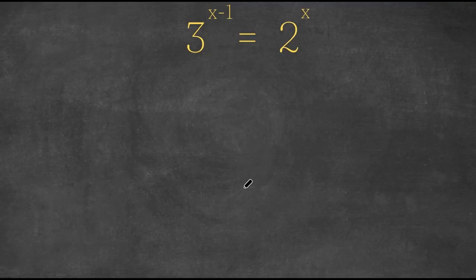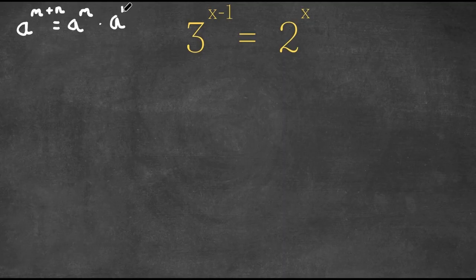In today's video, I'm going to be teaching you guys how to solve this exponential equation. So we have 3 to the power of x minus 1 is equal to 2 to the power of x. Now, if we have something in the form a to the power of m plus n, this can actually be written as a to the power of m times a to the power of n.